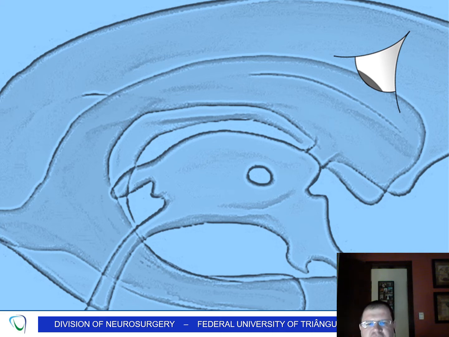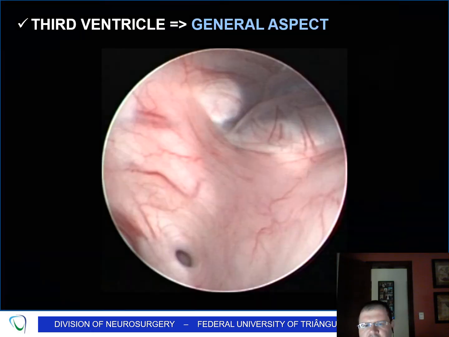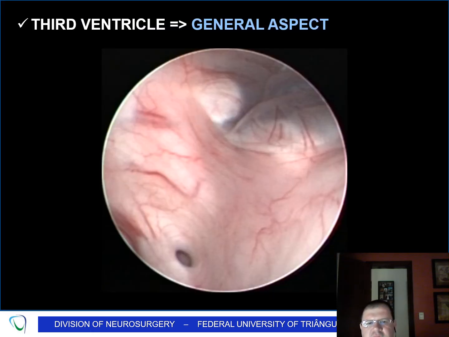So, in a view through the foramen of Monro, we can see all the parts of the floor of the third ventricle. We have an anterior part here, the region of the mammillary bodies.